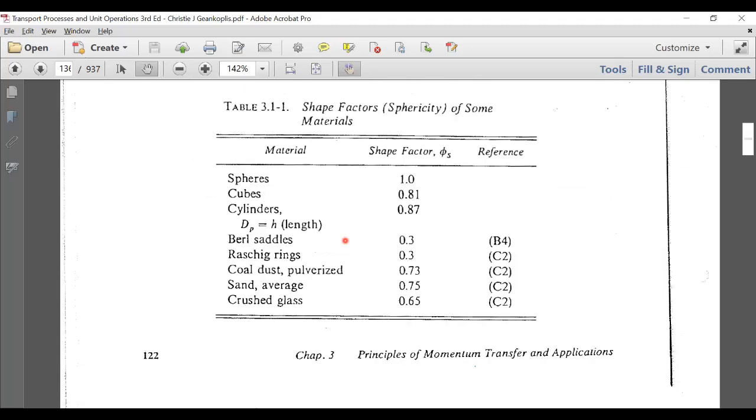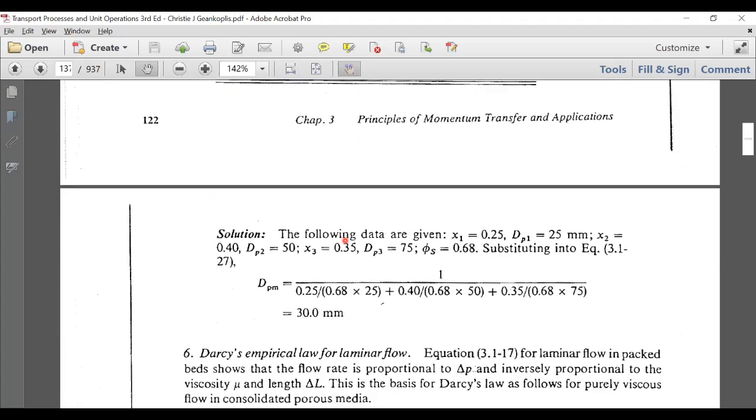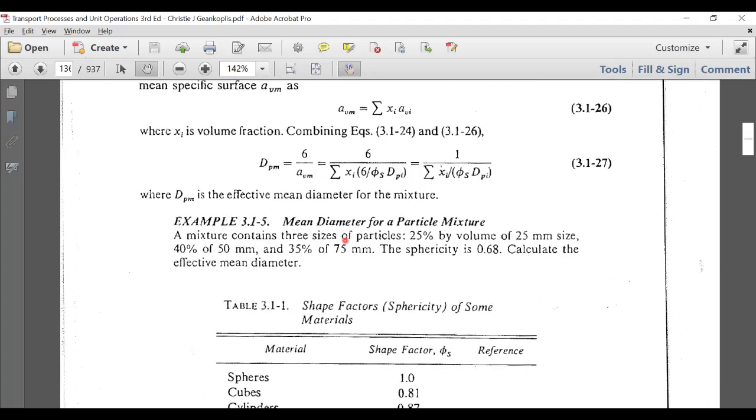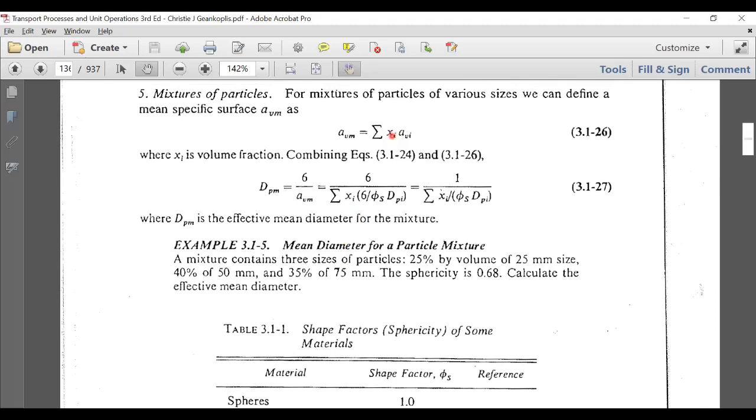Calculate the effective mean diameter. Oh, sorry, it's not the mass fraction but the volume fraction. So Xi is the volume fraction, and AVi is their own specific surface.